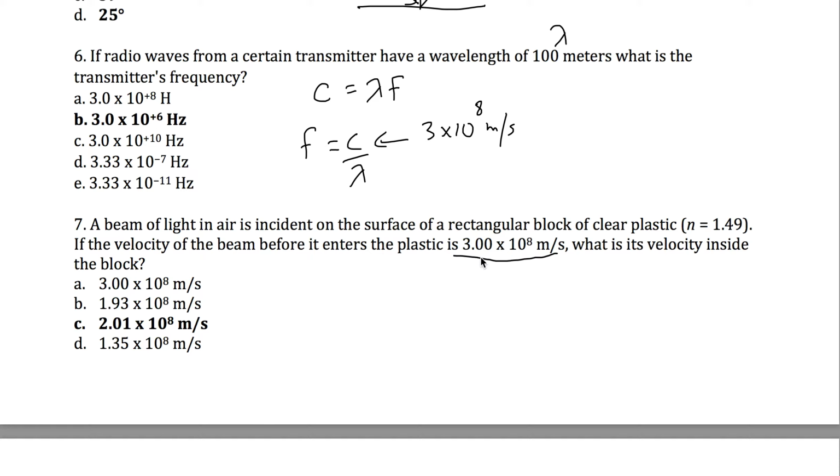The index of refraction relates the speed of light in vacuum, which is c, to the speed of light in the medium that we're going to. So we're solving for v. The speed of light in our medium is going to be c divided by n. And both are given.